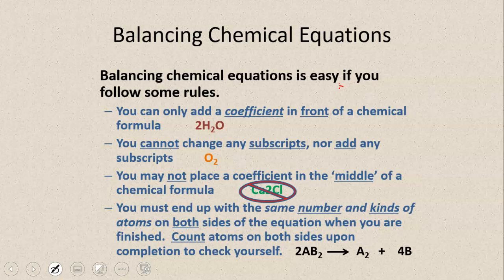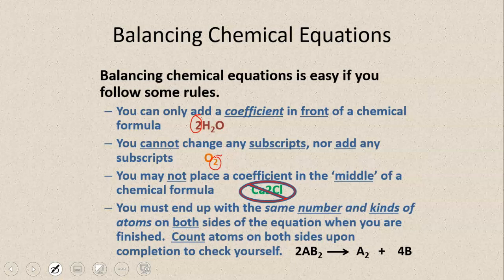Okay, so the only thing that you can actually change are the coefficients, these large numbers in front. You cannot change any subscripts. You cannot add any subscripts. So anytime you see one of these little numbers down here, you may not touch that. You may not add any of those. Those are a part of the formula, and you cannot change the formula.